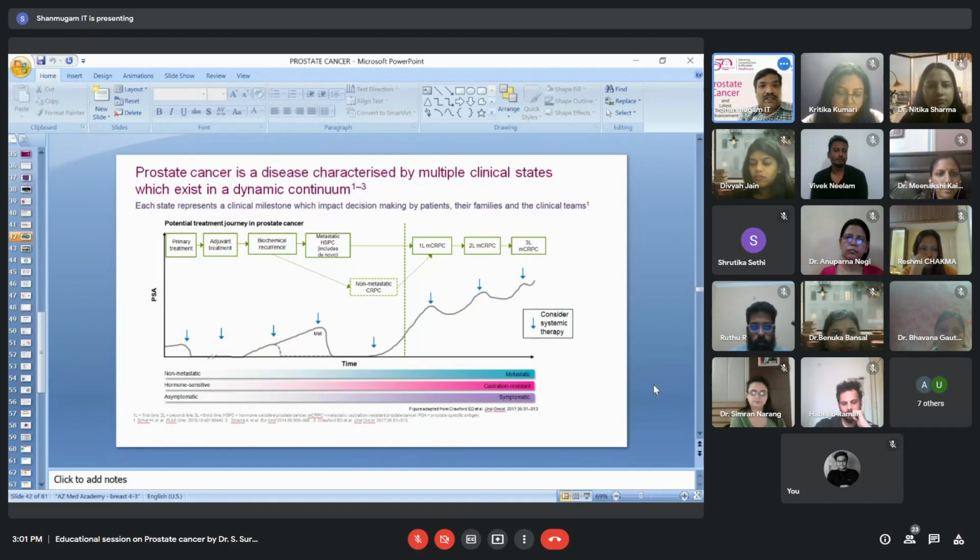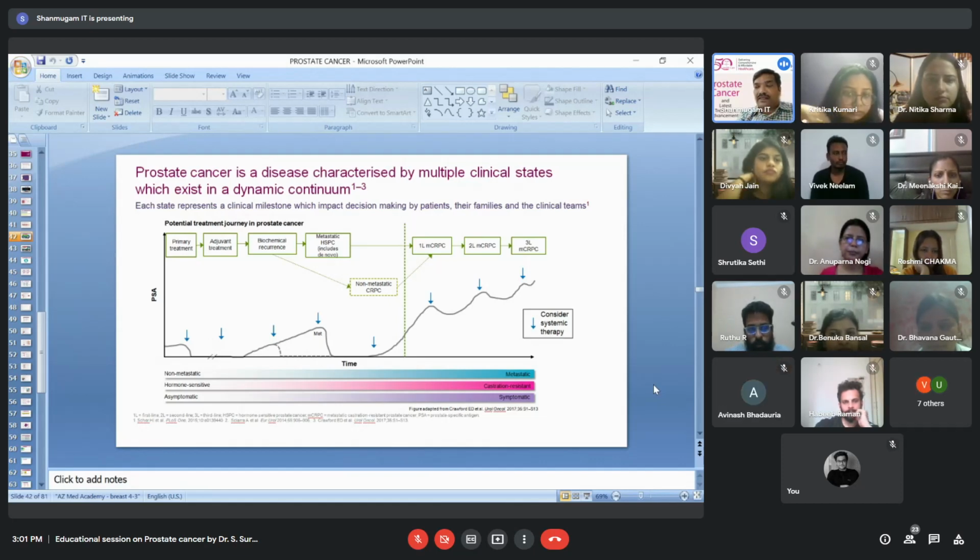So with all these clinical states, we can see that a patient will be on a continuum of disease parameters. We can see that once the PSA level increases, we start them on a primary treatment and then continue on adjuvant treatment.